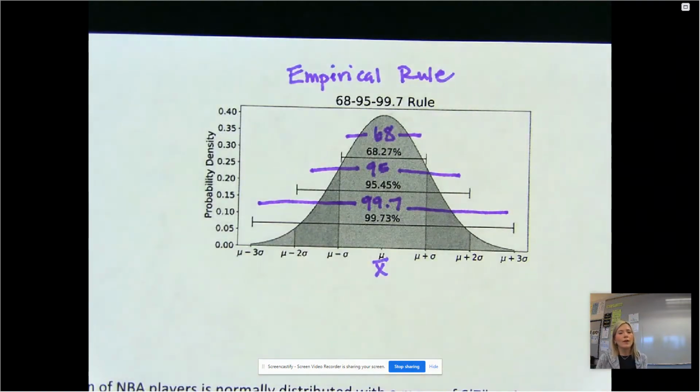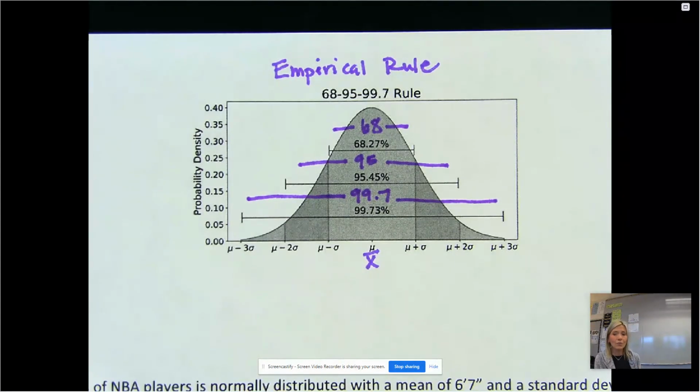Okay, all right, so now that we have this rule, how do we use it? Well, we can answer some pretty basic questions regarding what to expect in a normal curve, and we can also answer some questions that get a little bit more complicated. So you have this note sheet that I want you to complete before you start the assignment.